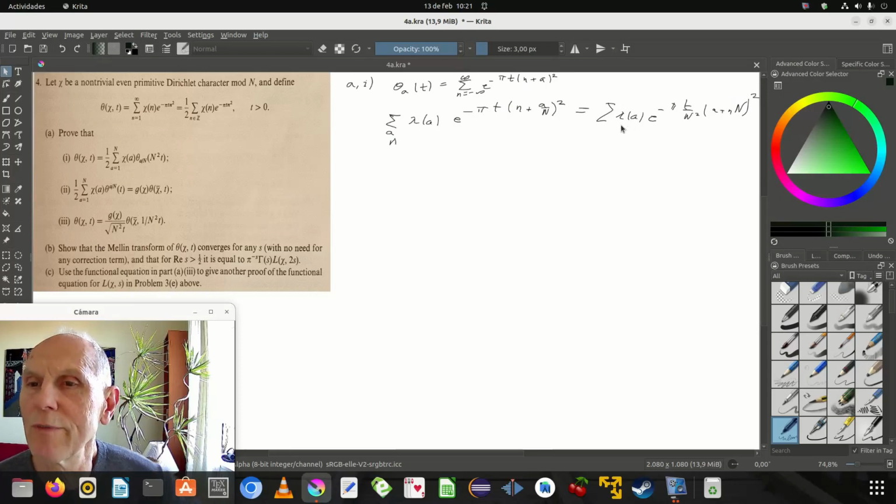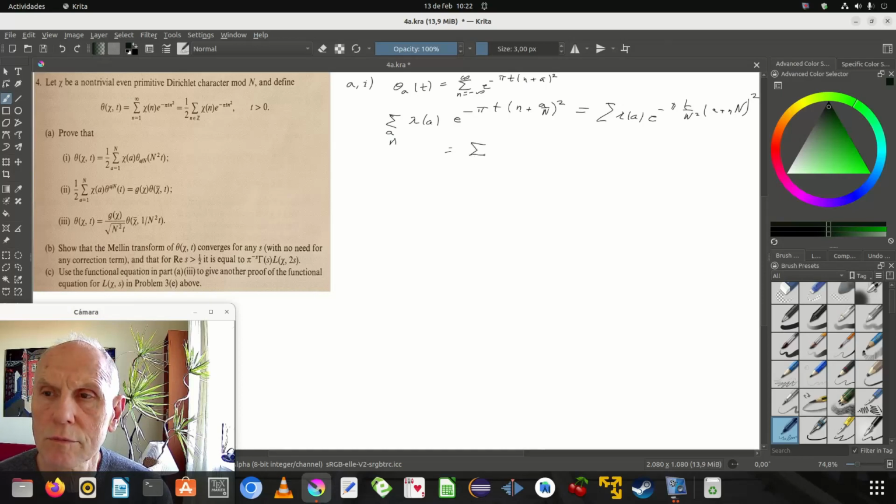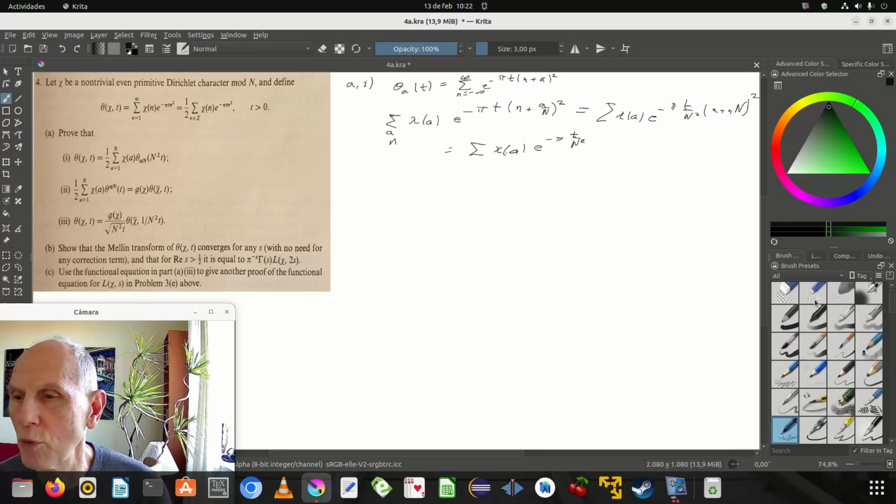Chi of that has the same value as chi of A. And then instead of summing from, this way we get all the integers, and I just called that A. That's really not right.